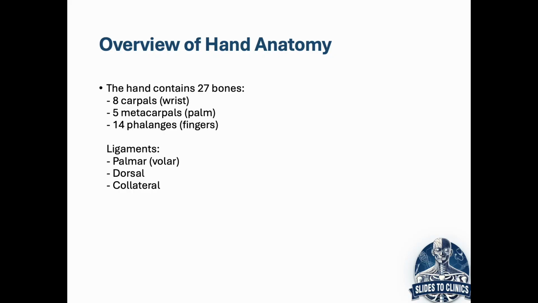Now, what holds all this together is a network of ligaments, which we could refer to as the body's natural duct tape, and you find them all over the surface of the hand. So for this presentation, we'll divide the ligaments into three parts.